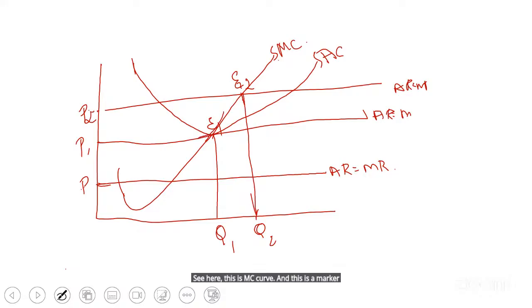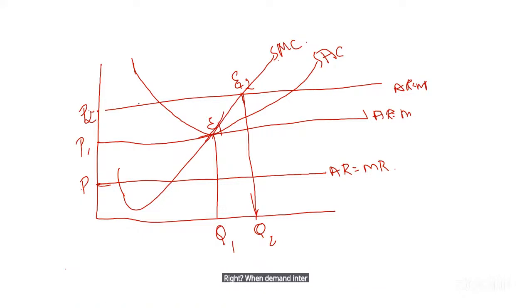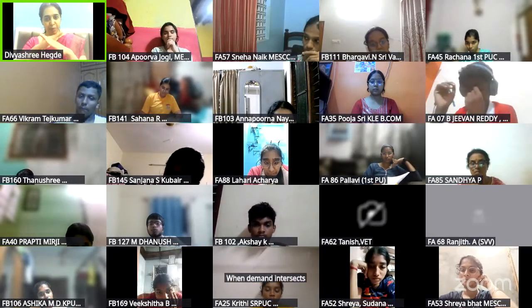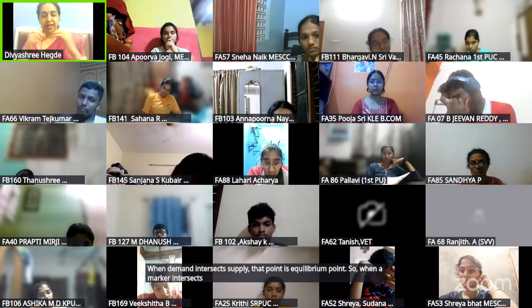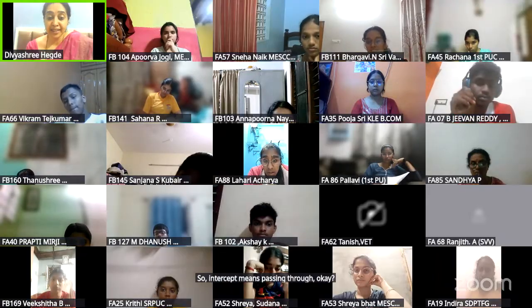The moment the two curves intersect each other, it means those two variables are equal, right? When demand intersects supply, that point is the equilibrium point. So when the MR curve intersects the MC curve, and intersect means passing through, then it is equilibrium.